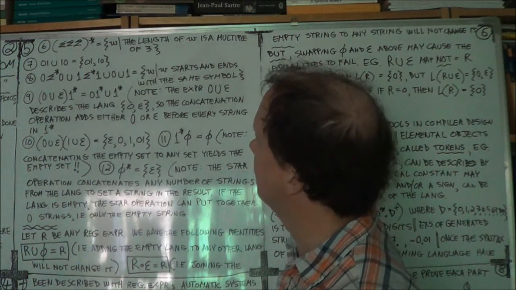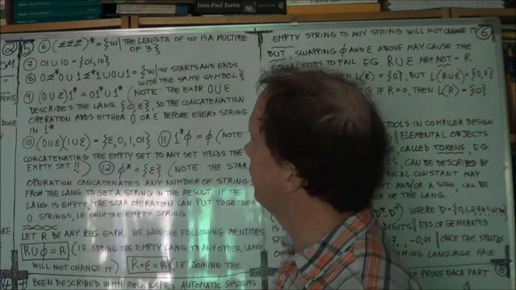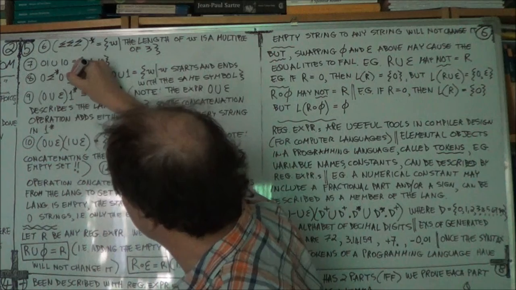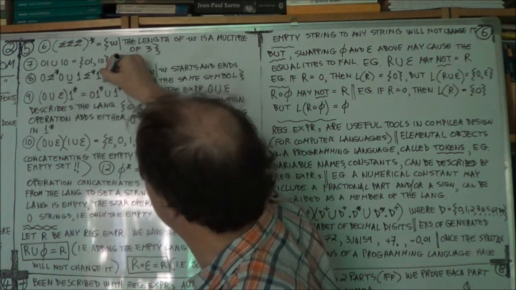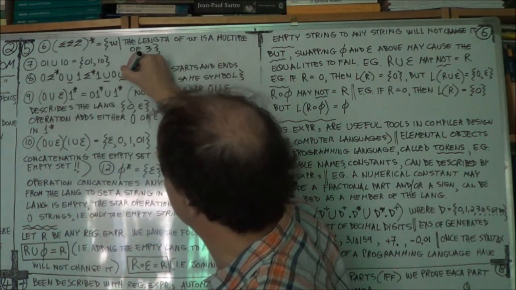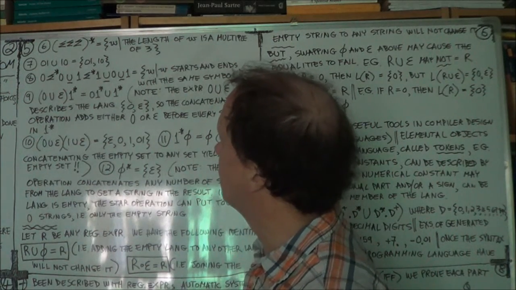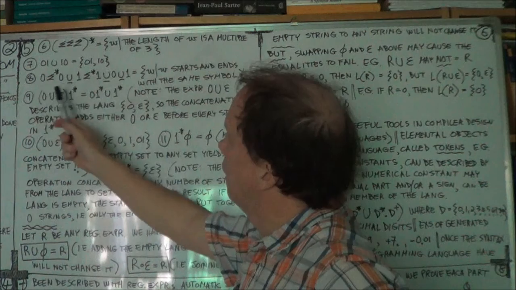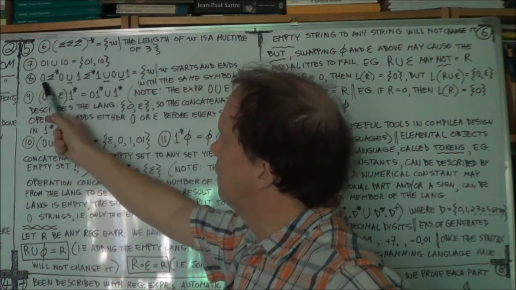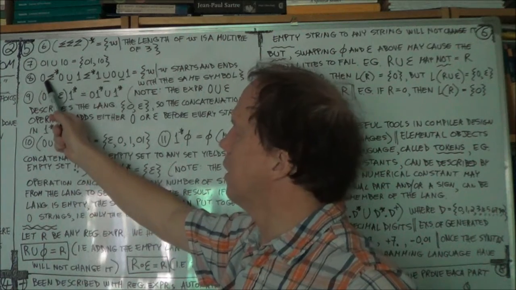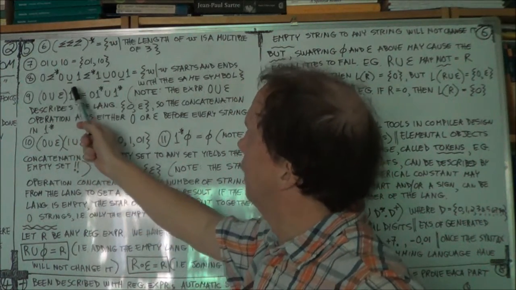Okay, 8. Now, perhaps I should underline the union. So you got 1 here, 1 here, and 1 here. So, what's this? This is a binary string that starts and ends with 0, and that can be anything, any binary string.